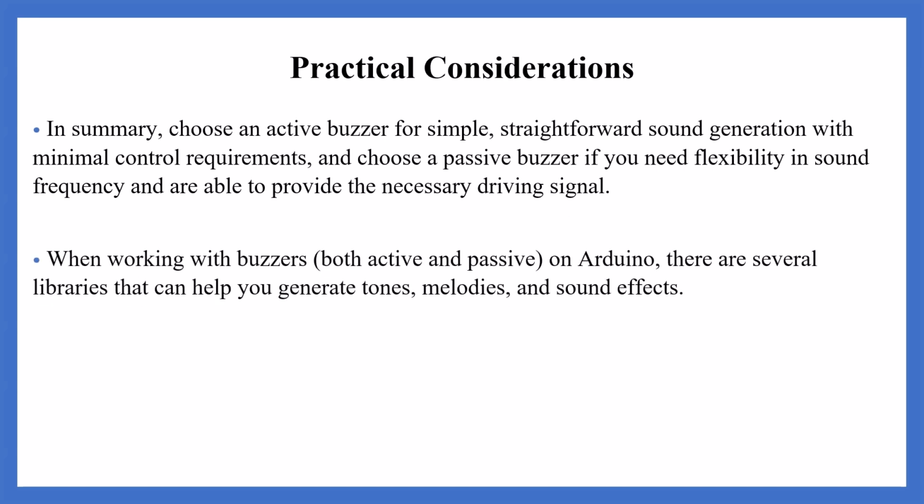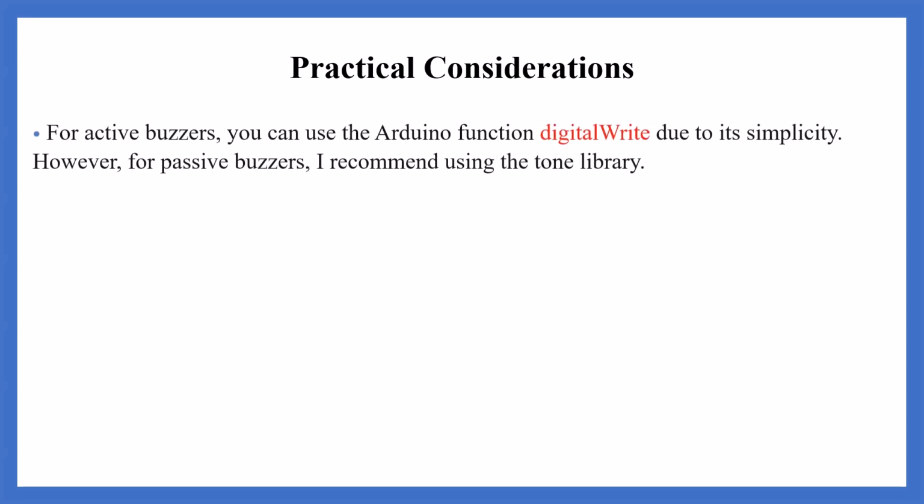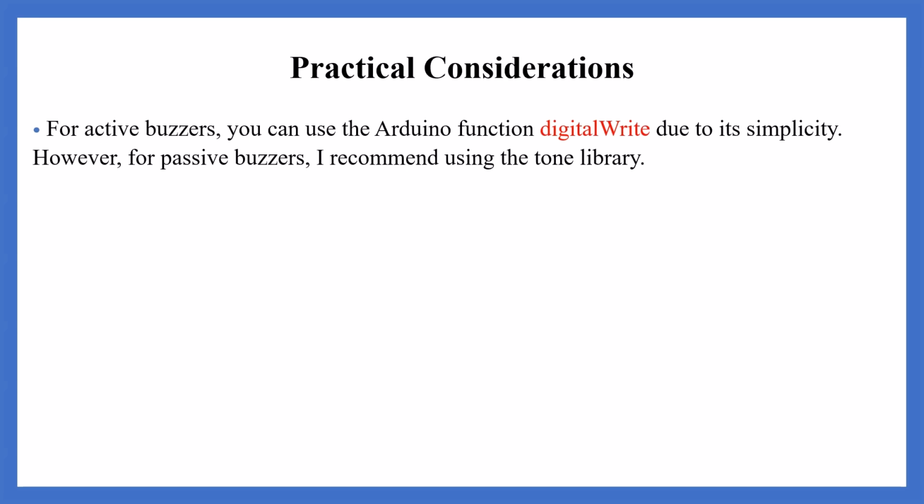When working with buzzers, both active and passive, on Arduino, there are several libraries that can help you generate tones, melodies, and sound effects. For active buzzers, you can use the Arduino function digitalWrite due to its simplicity. However, for passive buzzers, I recommend using the tone library.